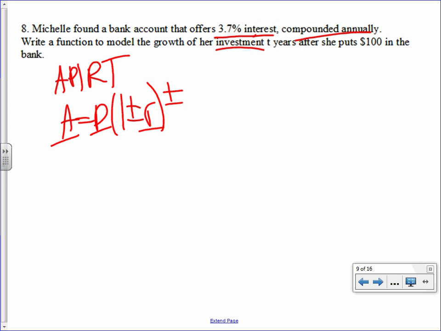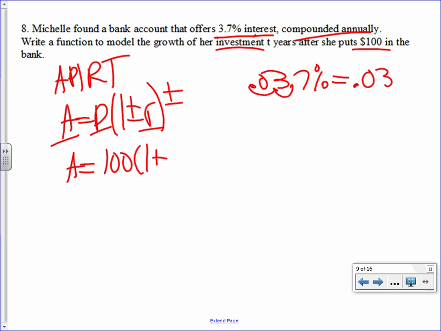So, A is what we're trying to find. It does not specify the variable we want to use. Her initial investment is 100. It's interest. It's getting bigger. Now my r is 3.7%. To make that into a decimal, either move the decimal 2 places.